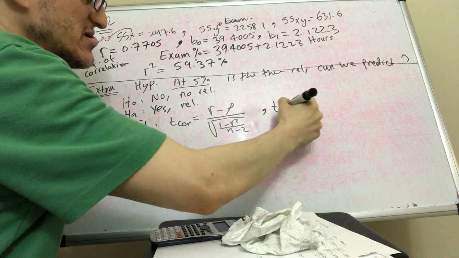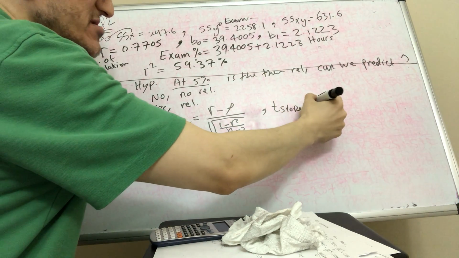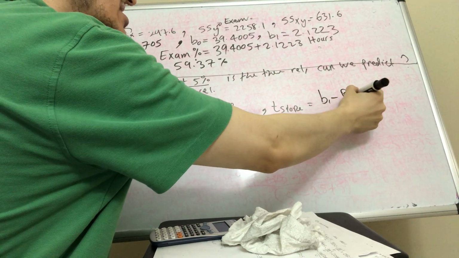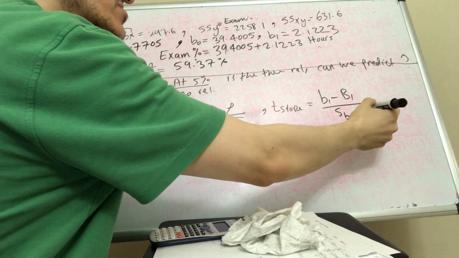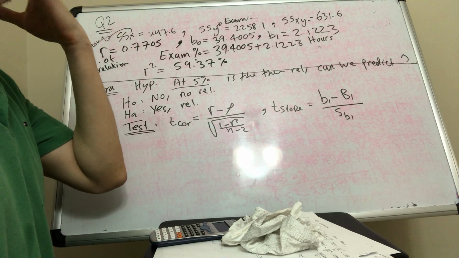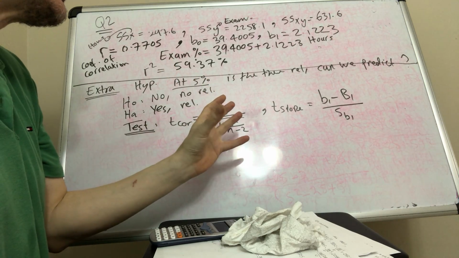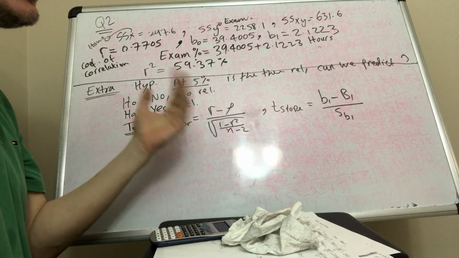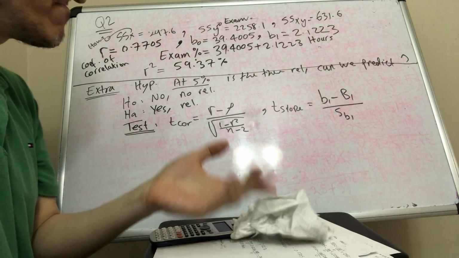And there's also a t-slope equation, which is capital B1 over S_B1. Well, in fact, it doesn't matter. It's a little bit different, but eventually both give you the same number.